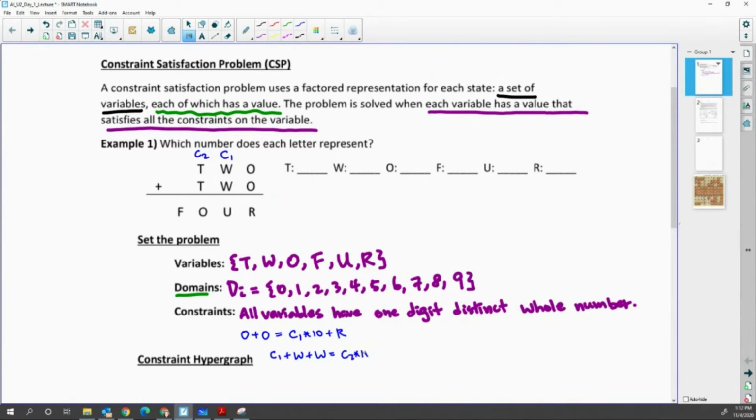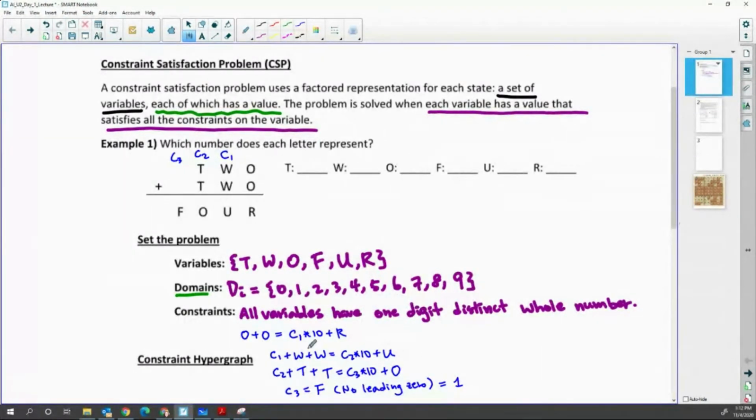So C2 times 10 plus U. Now C2 plus T is C3, which I'm going to make now. C3 times 10 plus O. C3 is F. I said no leading 0. That means C3 and F are 1.